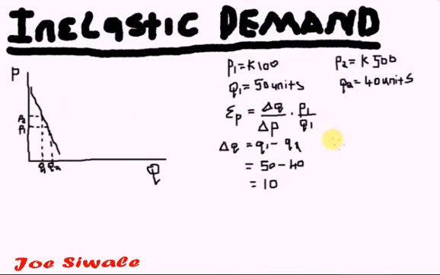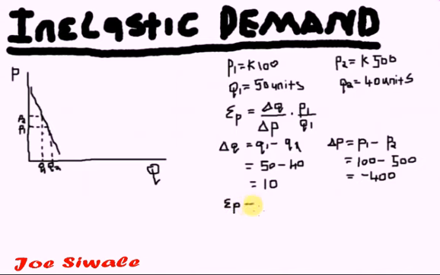Then I'll find my change in P. I'll say my change in P is equal to P1 minus P2. My P1 is 100 minus my P2, that's 500. 100 minus 500 is negative 400.